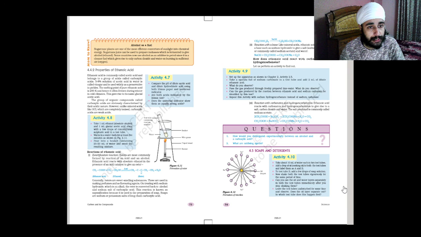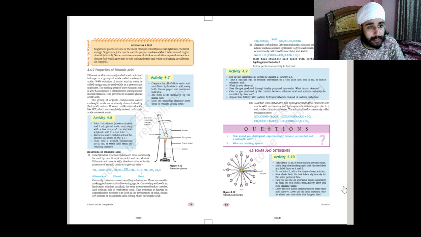Now, reactions of ethanoic acid. When ethanoic acid reacts with alcohol in the presence of a catalyst, that gives rise to the ester, and these esters are sweet smelling agents.